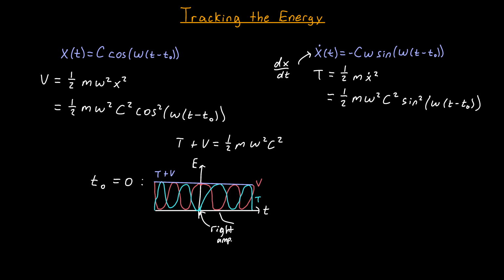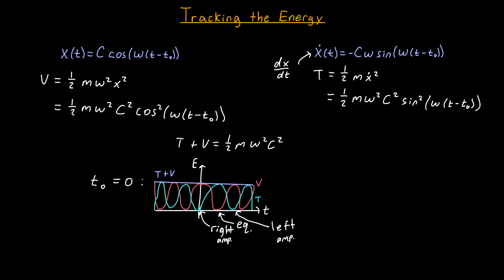Then at this time, the position is going to be at equilibrium, right? And we know that because the kinetic energy is maximized there. At the next point, all the way over here, we're going to have our left amplitude. And then we're going to go back to equilibrium, and so on and so forth.